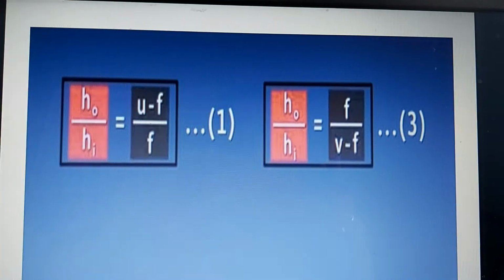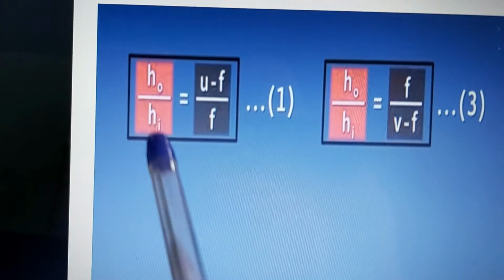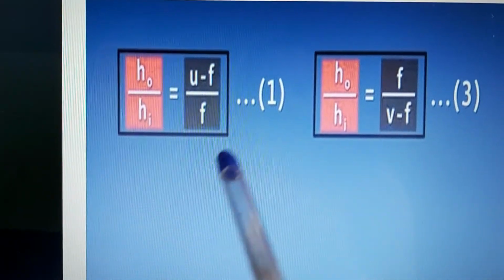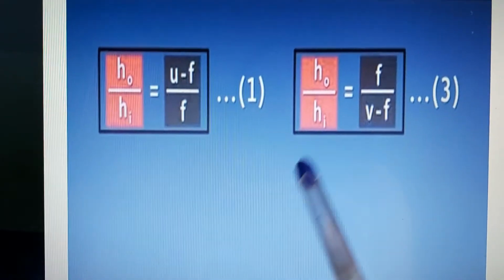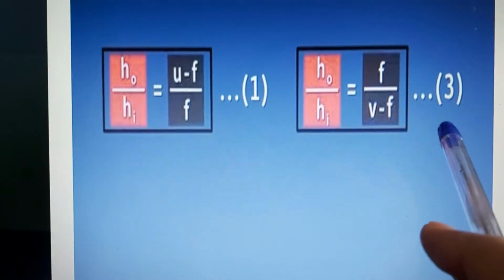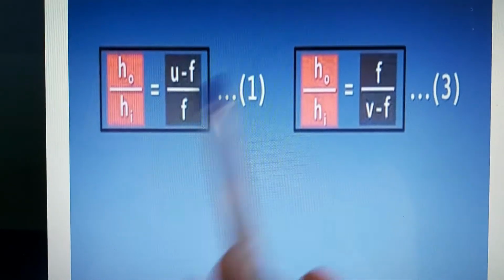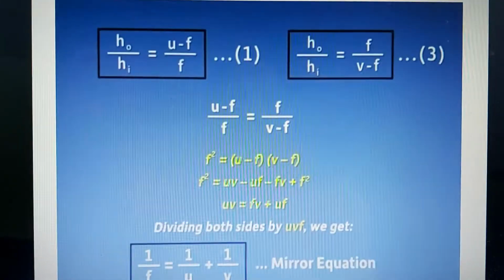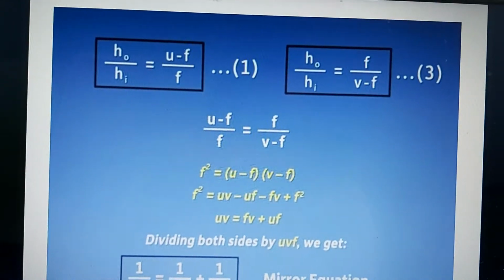So HO over HI equal to U minus F over F is equation number 1. HO over HI is equal to F over V minus F, that is equation number 3. So we have these two equations and we will solve this by cross multiplying.